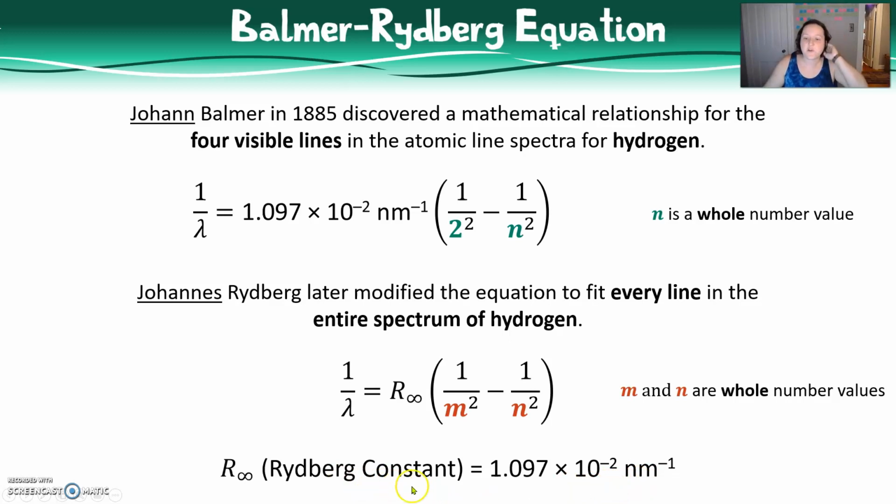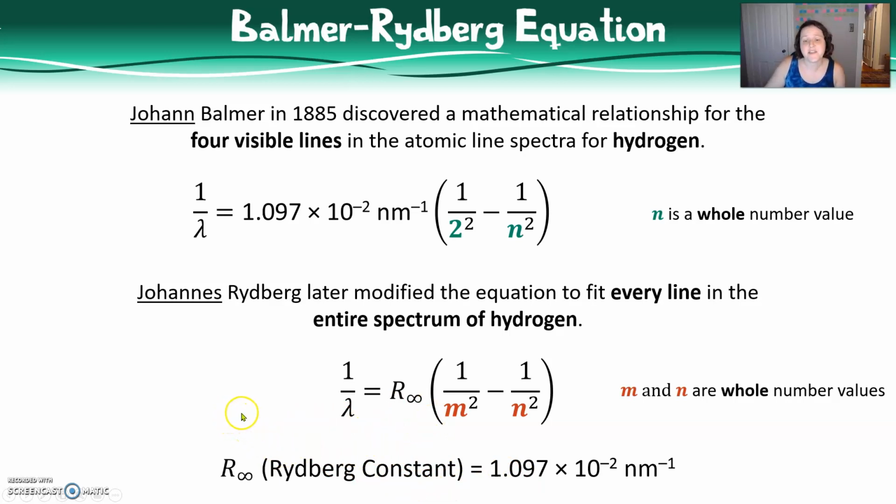Note again that this version of the Rydberg constant is given in inverse nanometers, which would allow calculation of the wavelength, lambda, in nanometers. However, sometimes you'll find the Rydberg constant given in inverse meters, which would then give the wavelength in meters. So pay attention to the units on the Rydberg constant when you use it in these equations.